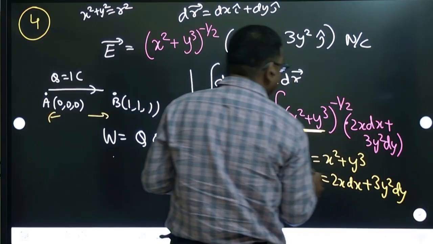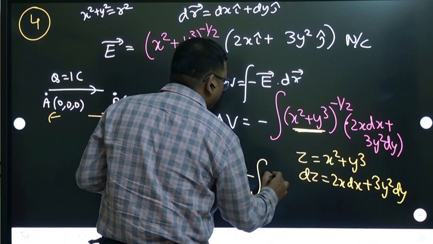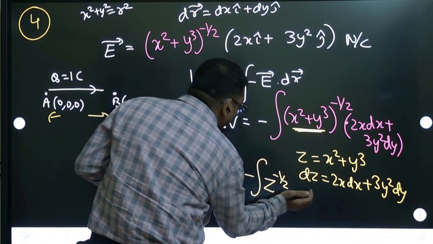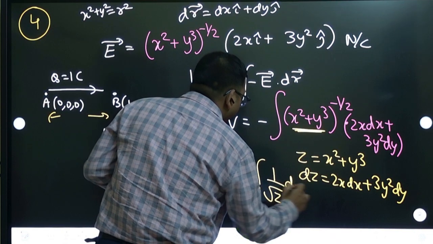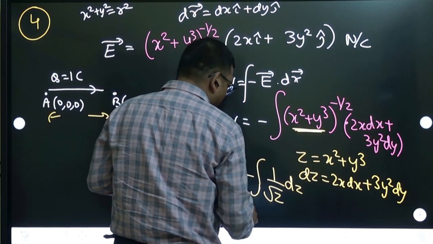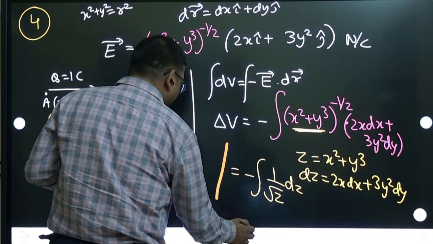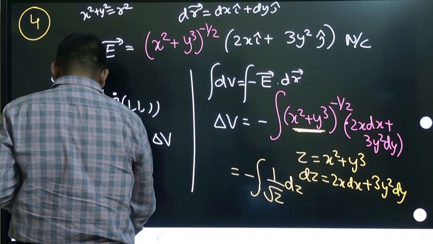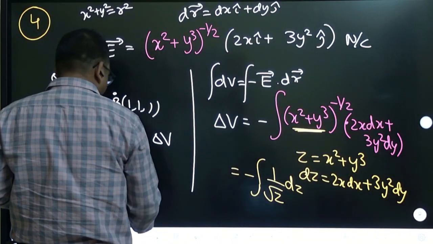So this integration will transform as z to the power minus half, or 1 by root z, dz. Who will do this integration? To do this integration you need this math.